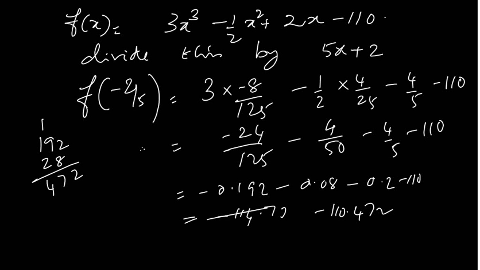This is called a linear factor, because the degree of x is only 1. We definitely cannot use the theorem if you have x to the power of n plus a as a divisor.